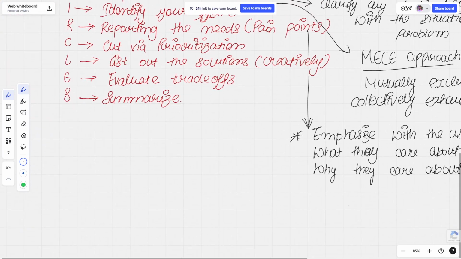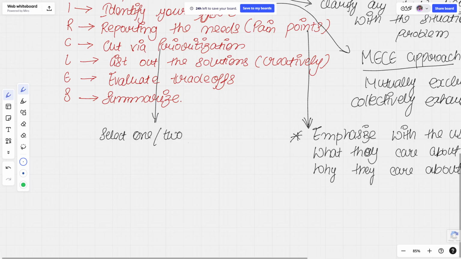Next part is cut via prioritization. This is the easy part. We have to select one or two pain points based upon the time that you have within the interview, or the resources and the timeline you have for solving the product.